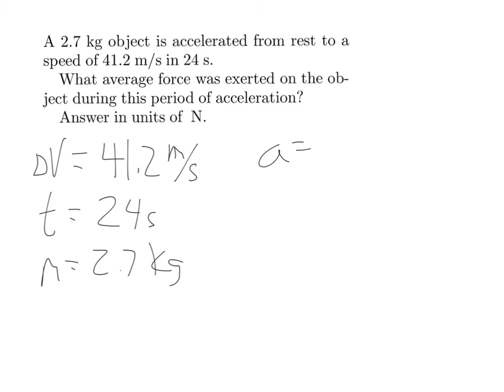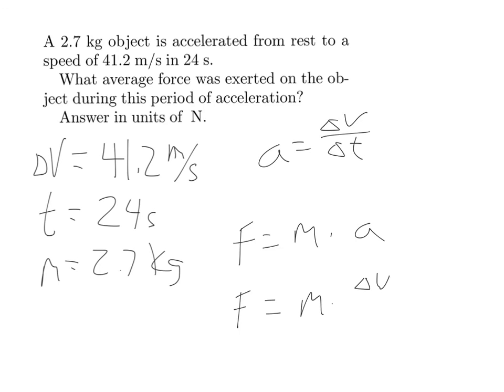We know that acceleration is equal to your delta V over your delta T. And then you're going to multiply that by the mass to find your force. So in this case, your force is going to be equal to your mass times your delta V divided by delta T. Just plug it in from there.